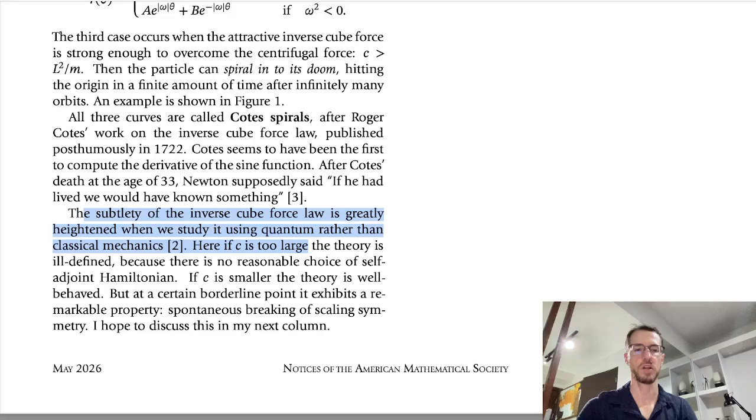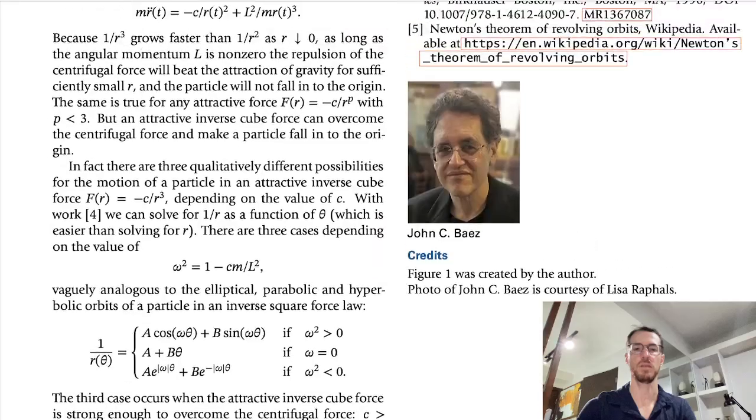Here, if c is too large, the theory is ill-defined because there's no reasonable choice of self-adjoint Hamiltonian. If c is smaller, the theory is well-behaved. But at a certain borderline point, it exhibits a remarkable property: spontaneous breaking of scaling symmetry. I hope to discuss this in my next column.